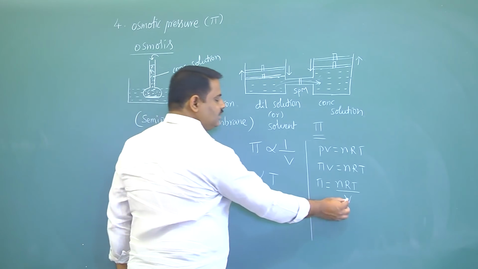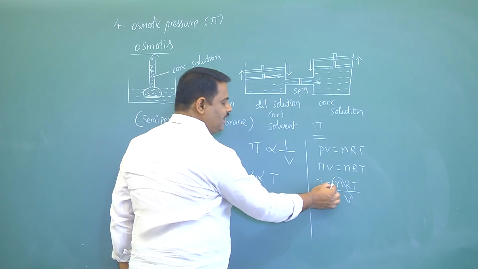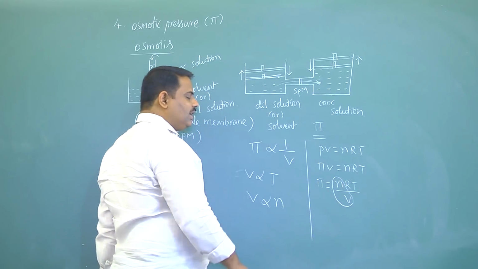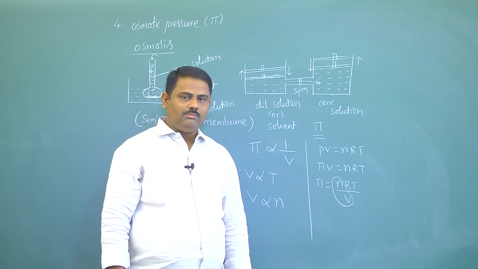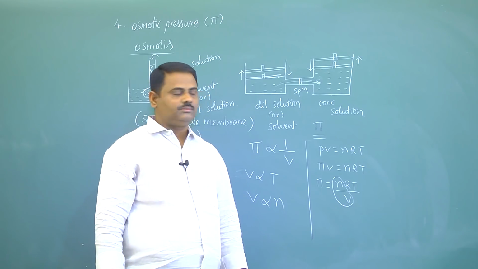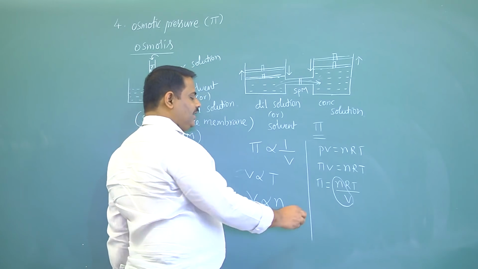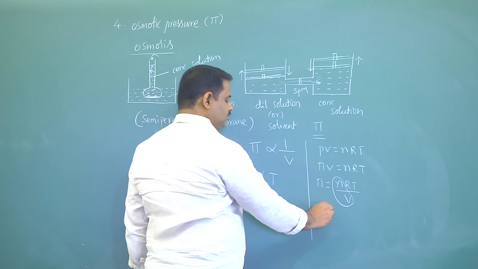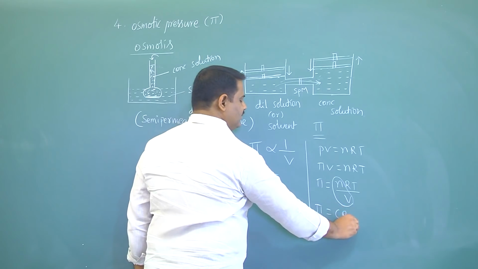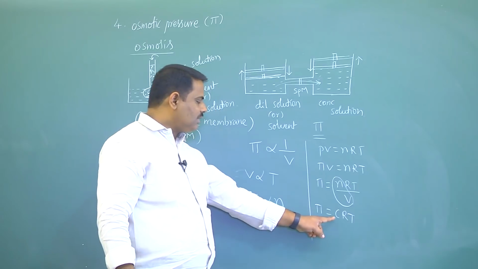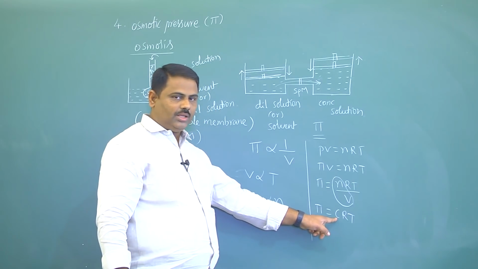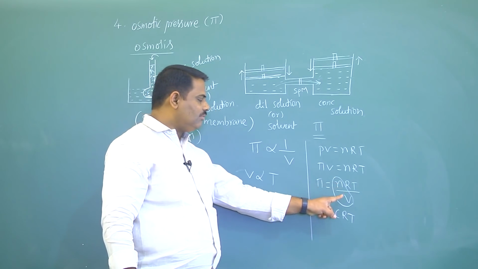Now we know n/V is nothing but molarity. It is simply written as concentration. That's why we can write π = CRT. Here C is concentration, that is molarity, nothing but n/V.